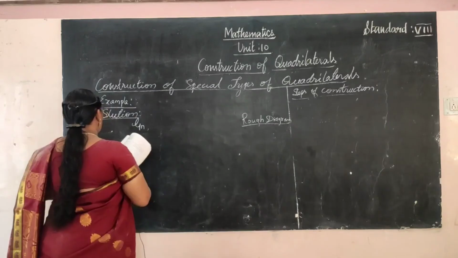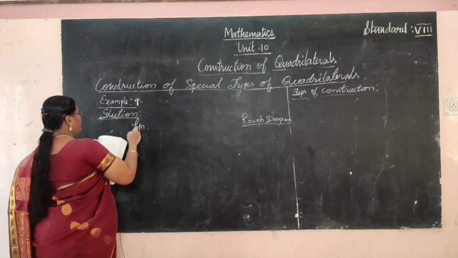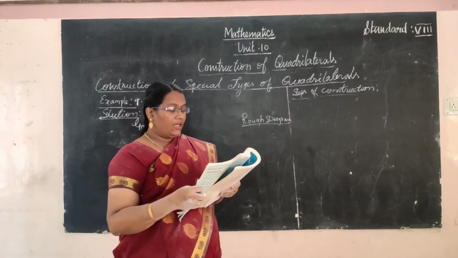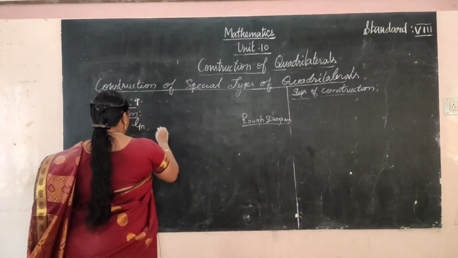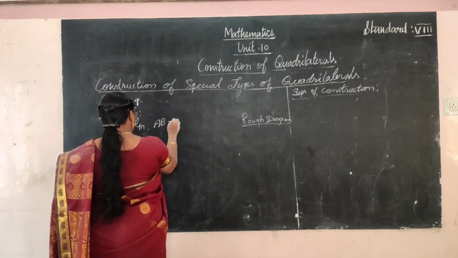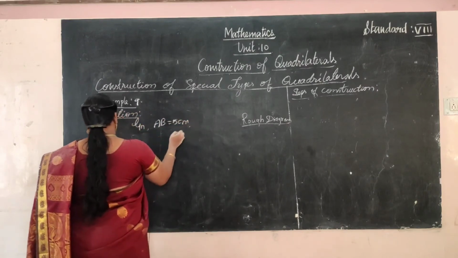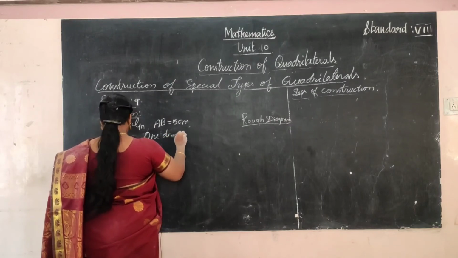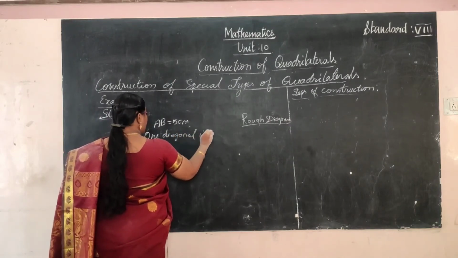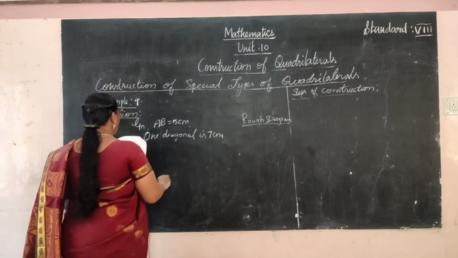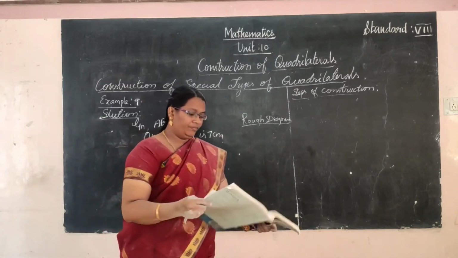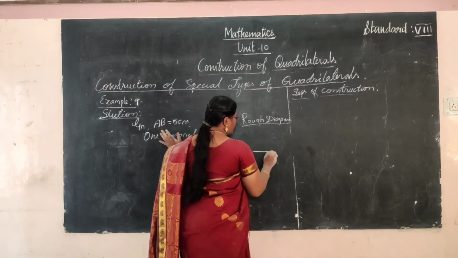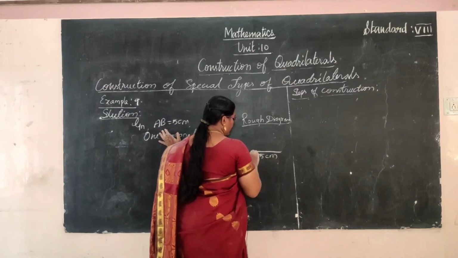Okay, example 9. Construct the rhombus ABCD given that side AB is equal to 5 cm and one diagonal is 7 cm. Now draw the rough diagram. One side AB is given as 5 centimeter.